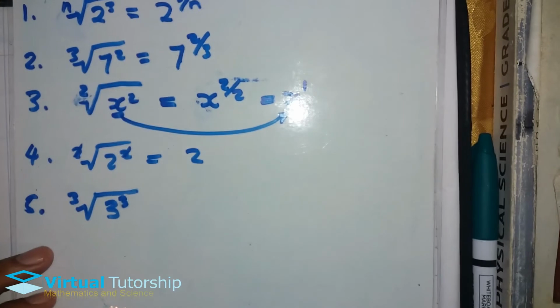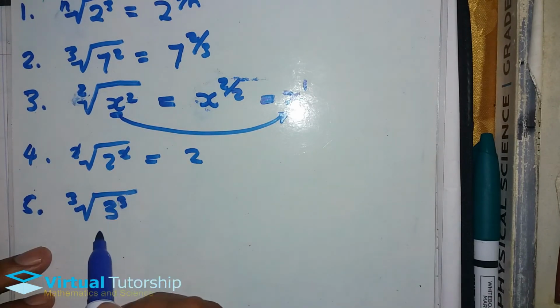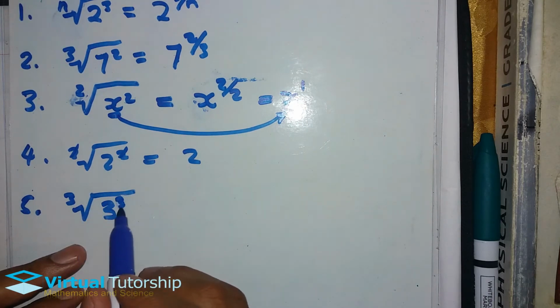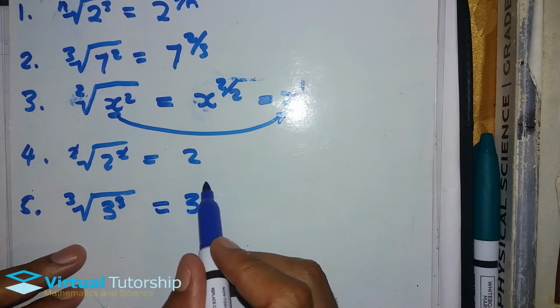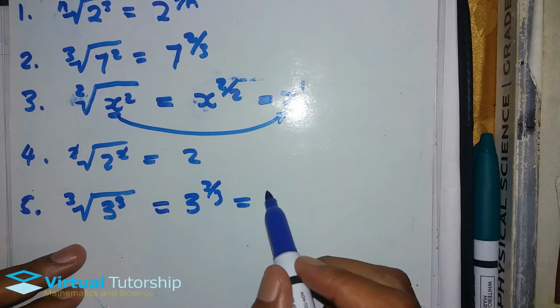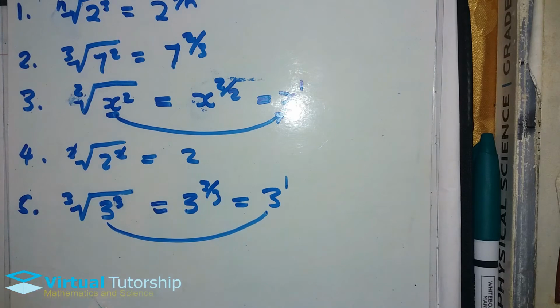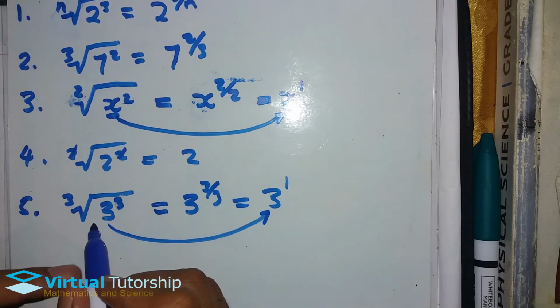The third root of 3 exponent 3 is the same thing as 3 exponent 3 over 3, which is equivalent to 3 exponent 1. So this also applies for the third root, provided that the power is cubed, right? The answer I will get is the base of that power.